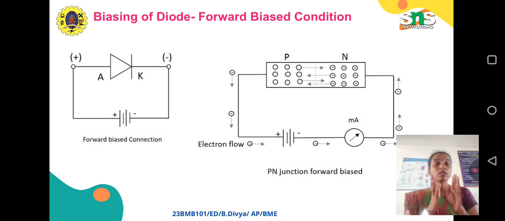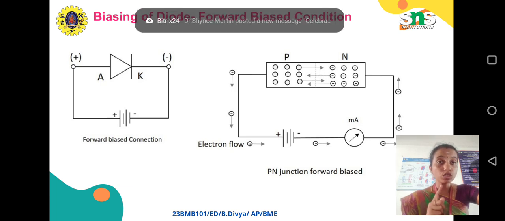For the forward bias condition, we have an ammeter and a voltmeter connected to identify how the current and voltage increase in the PN junction diode. When the supply is given, we can see the electron flow from the positive side to the negative side, entering the N type and then moving on to the P type.